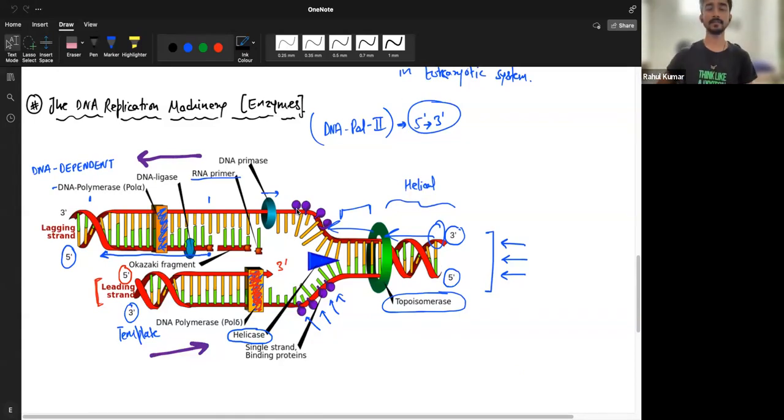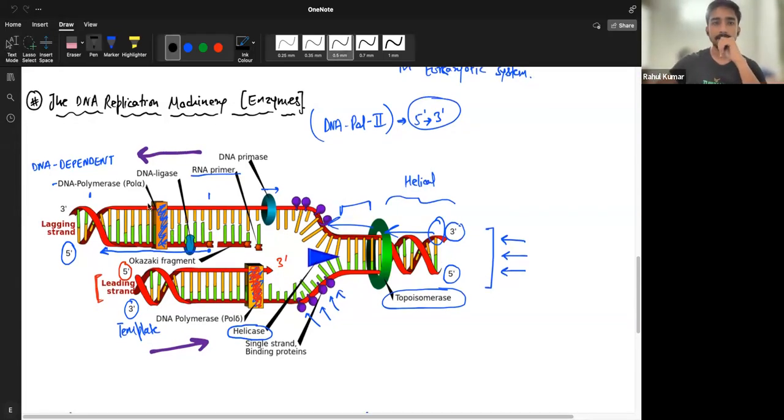So we know that DNA replicates, and for the DNA to replicate, the enzyme on which it depends is called DNA dependent DNA polymerase, right? That's the enzyme that's responsible. And the most important enzyme is polymerase. Apart from that, it's not just polymerase which can single-handedly replicate the DNA. There are lots of enzymes that do other functions.